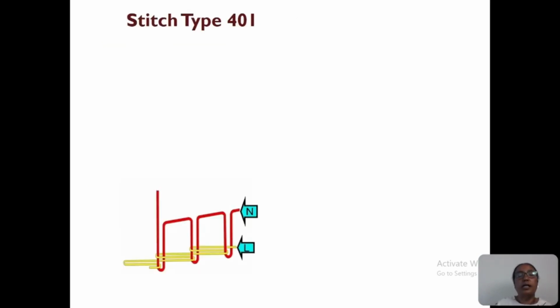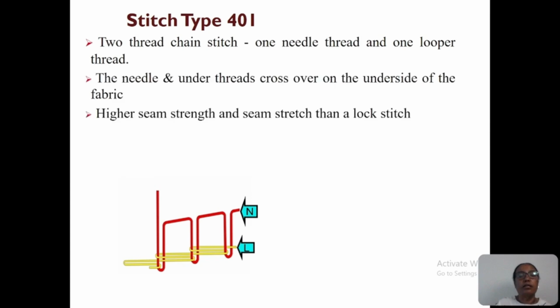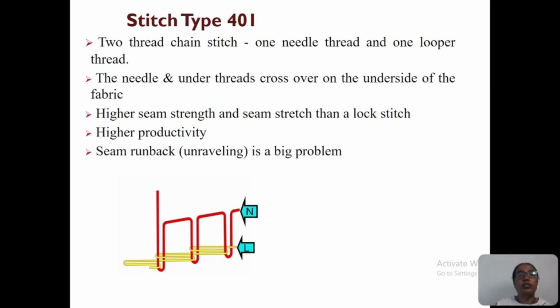401 is another part of this 400 stitch class, group 401. This stitch type uses a needle thread and a looper thread. The lower one is the looper thread and the upper one is the needle thread. So this is a two-thread chain stitch, with one needle thread and one looper thread.